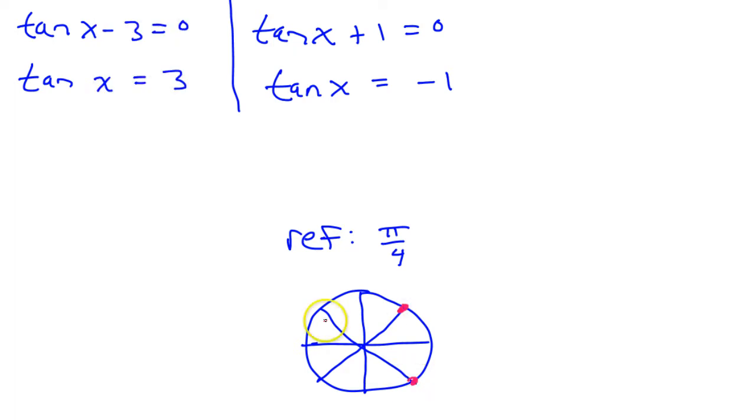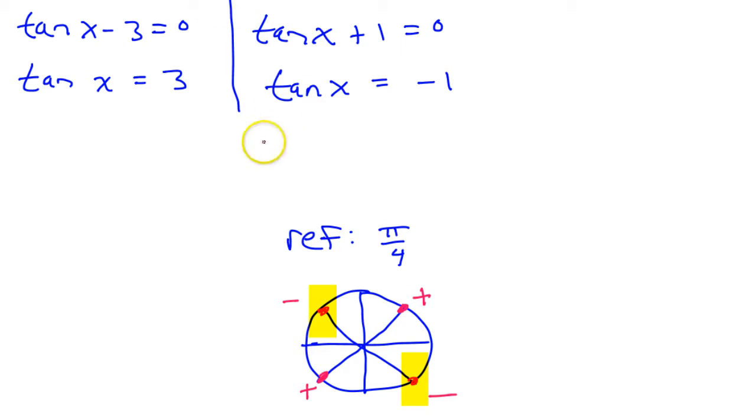There are 4 angles here that have a reference angle of pi over 4. They are here, here, here, and here. The tangent of any of these will give me some kind of pi over 4. It's just that 2 of them will be positive and 2 of them will be negative. In this case we want tangent to equal -1, so that's why the solutions are here and here.